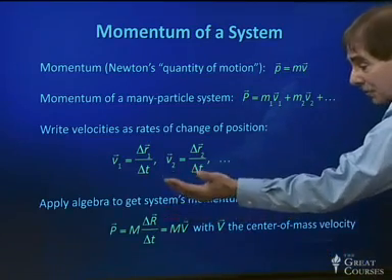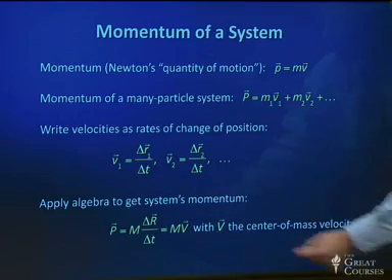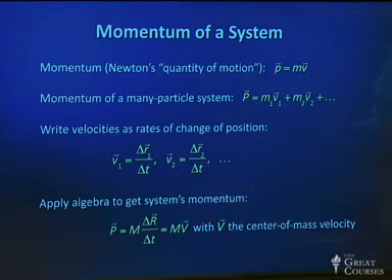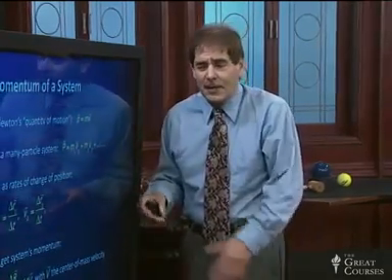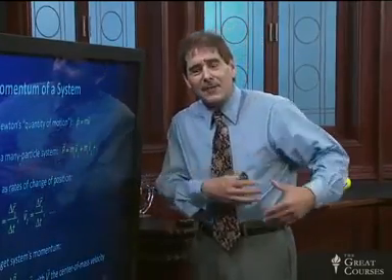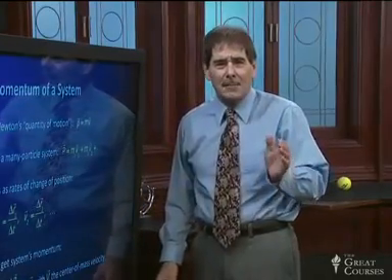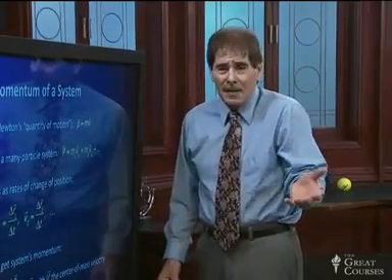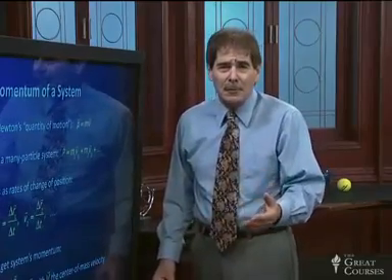And because a change in position with respect to time, a rate of change of position, is a velocity, we identify that as capital V, the velocity of the center of mass. Now, this result seems sort of obvious. If I had introduced the idea, well, there are systems and they have centers of mass, and you can think of the center of mass as moving with some velocity, you might have said to yourself, well, I think the momentum of the system would simply be the mass of the entire system times the velocity of the center of mass. Well, you would be right.